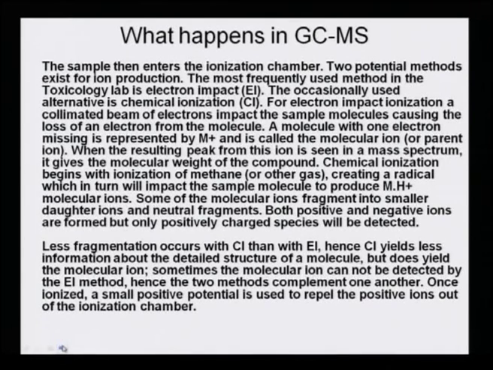Both positive and negative ions are formed, but only positively charged species will be detected. So, that is the beauty of this machine, that it can only identify the positively charged species, and this whole process actually occurs with the first collimated beam of electron impact.